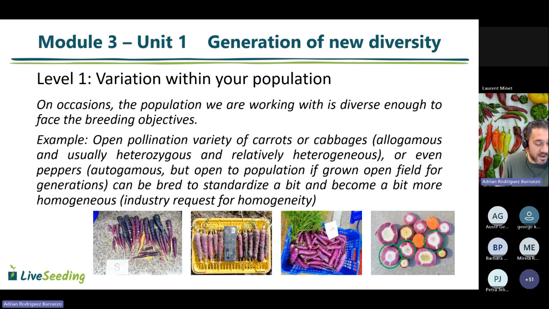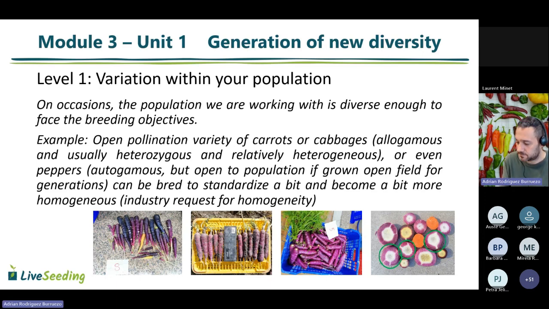Well, after performing this general view of diversity, now I will be a bit more specific. Now I will show you the different levels of variation that breeders and farmer breeders manage in order to face breeding situations, levels of variation you can work with.